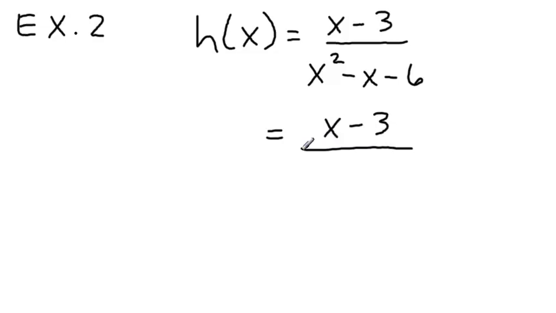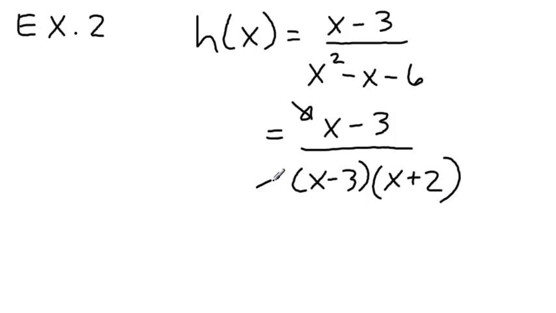So x squared minus x minus 6 can be factored to x minus 3 times x plus 2. Step number two, we look to see are there any binomials that repeat themselves in the numerator and the denominator. We see that x minus 3 is in the numerator as well as in the denominator. So we'll go on to step 3 and solve for x.